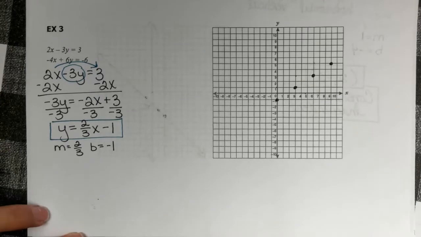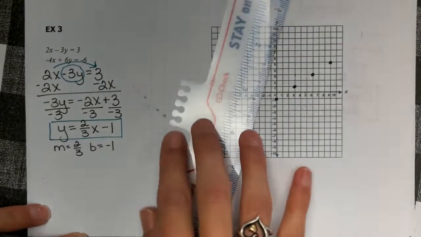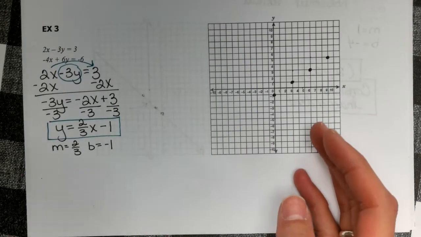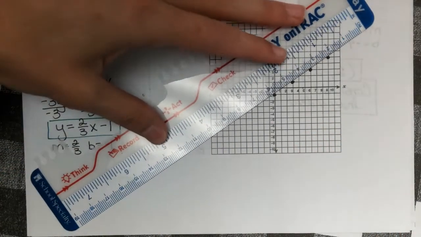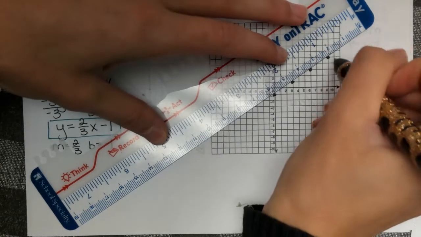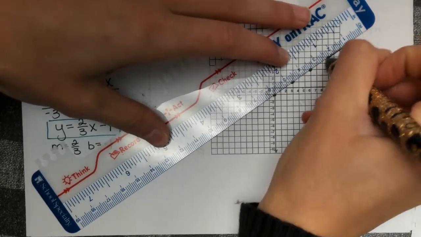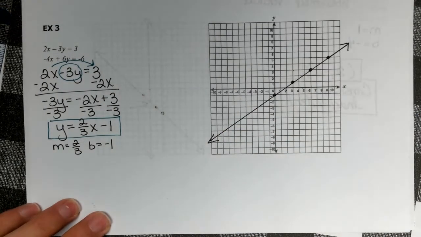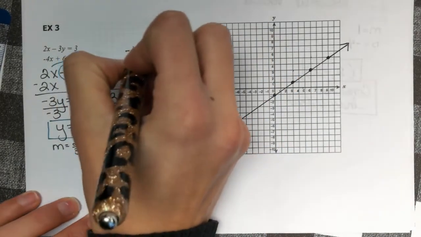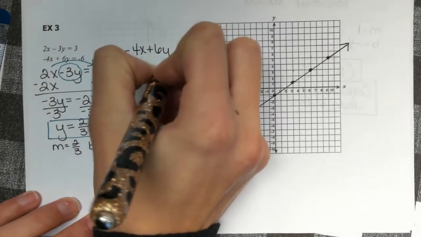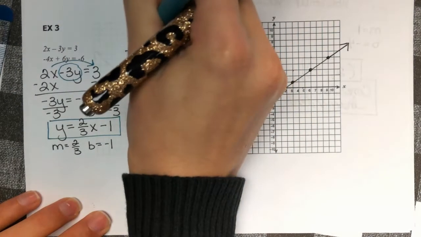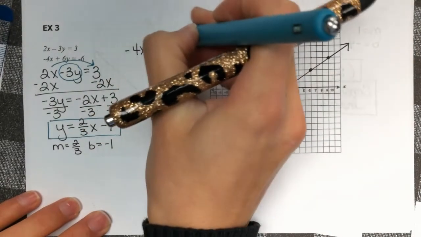So now we can draw the line and then solve for the second equation. Alright, so to solve for the second equation, if I'm solving for my y, I'm going to do what with my x?